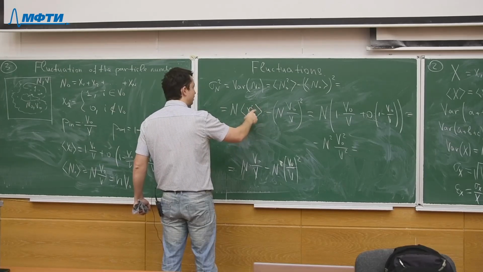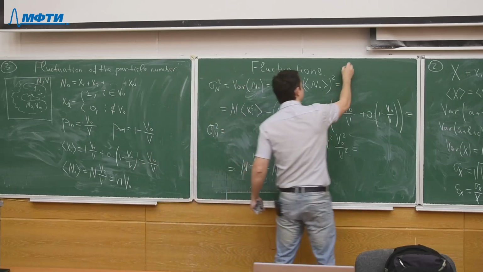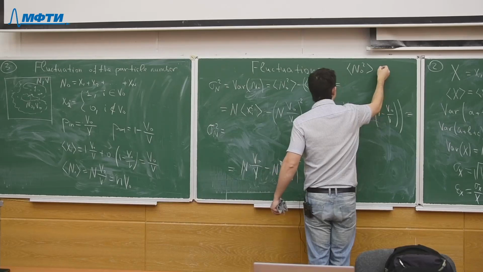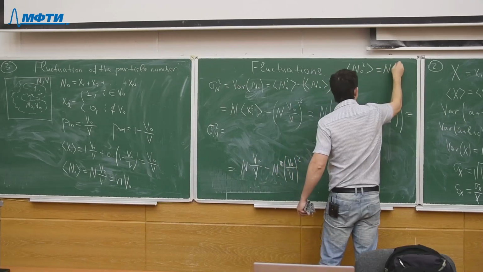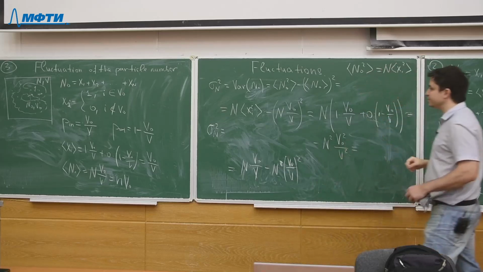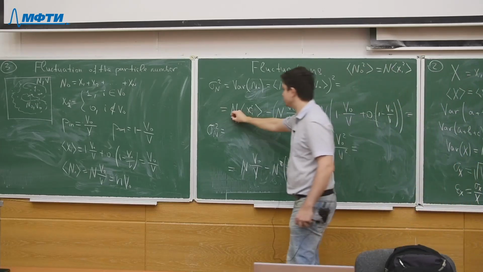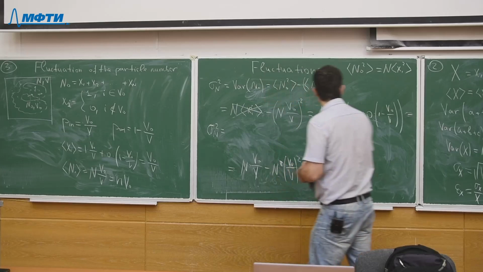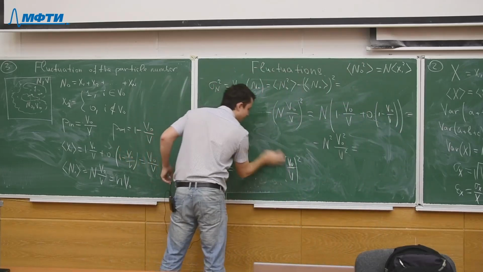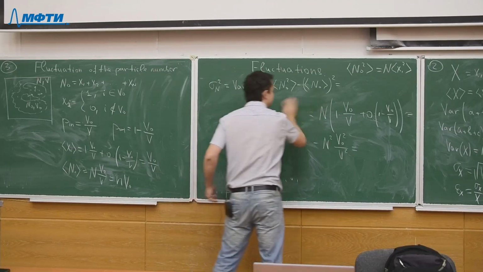I cannot write that n0 squared equals n times xi squared. That's where the mistake came from, so this is wrong. Let's redo this calculation once again, because we got the wrong result.